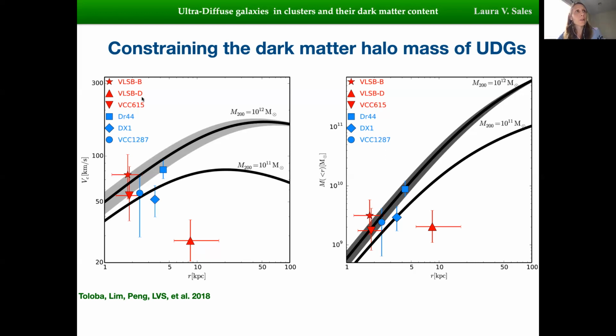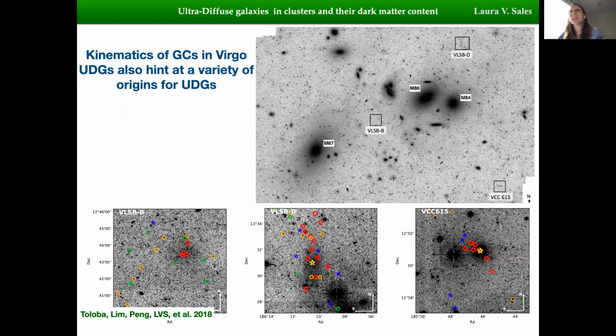This is our VLSB-D. And perhaps go back to the picture of VLSB-D, which is here. And if you squint, you can see that it's quite elongated. And over here, you have the blow up of the same dwarf. And you can see definitely that it's elongated and pointing upwards, and is presumably undergoing tidal stripping.